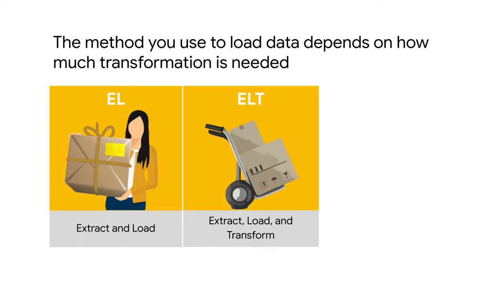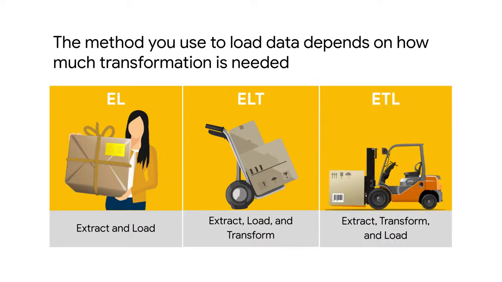That's an extract, load, and transform, or ELT. You tend to do this when the amount of the transformation that's needed is not very high, and the transformation will not greatly reduce the amount of data that you have. ELT allows raw data to be loaded directly into the target and then transformed there. For example, a very common example, inside of BigQuery, you could use SQL to transform that raw data that's loaded into BigQuery and just simply write it to a new table.